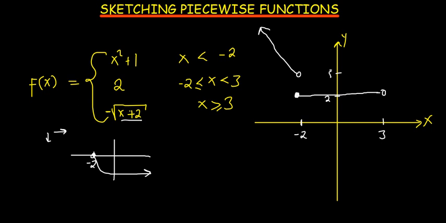But then this function, we're only interested in for values of x greater than or equal to 3. So let's say 3 is here. So we're only going to start from here, writing only this part. So now my interest is what will be the y value when x is 3. So that will be 3 plus 2. That is going to be 5. So that will be negative square root of 5. And negative square root of 5 is 2 point something.